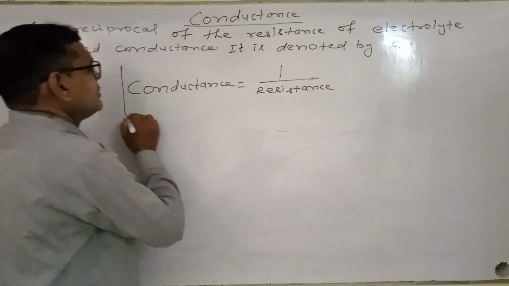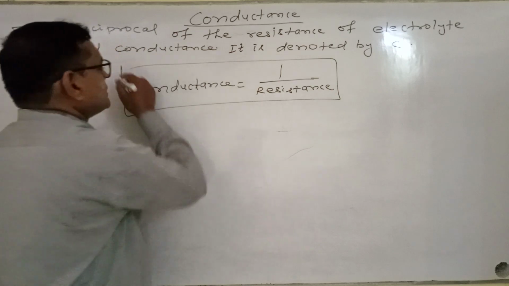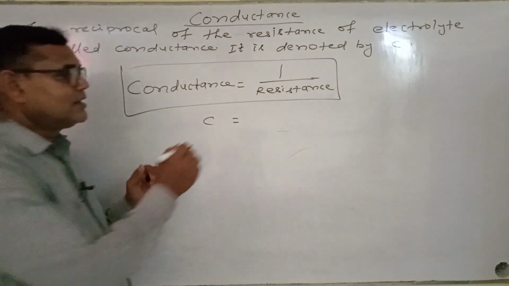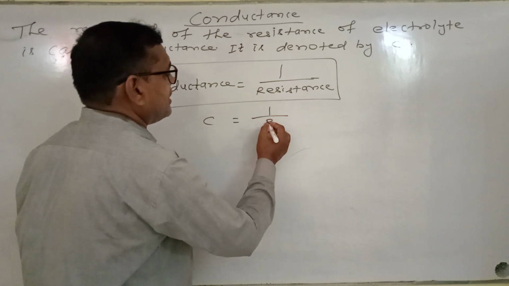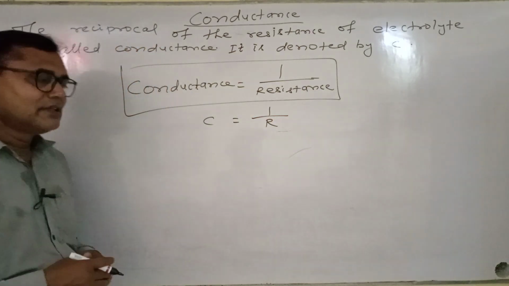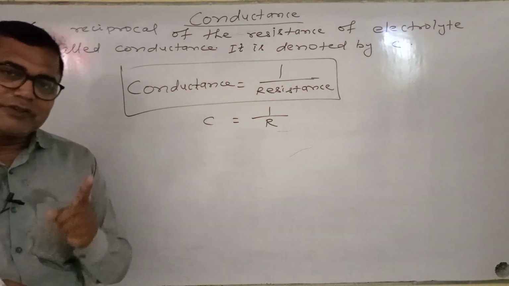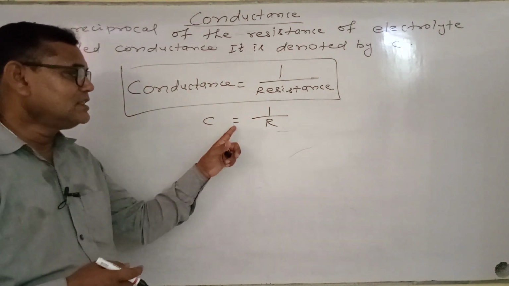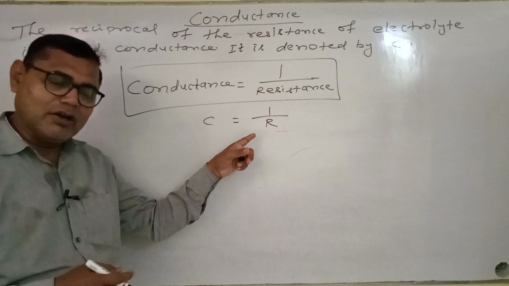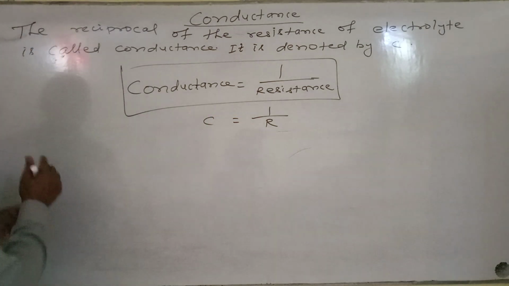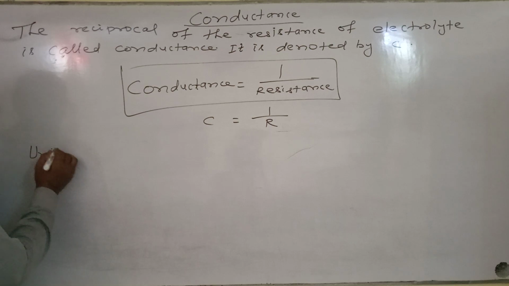The symbol of conductance is C, and the symbol of resistance is R. Therefore, the formula of conductance will be C is equal to 1 upon R.